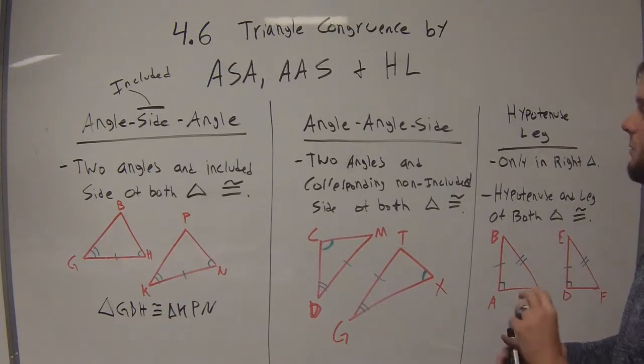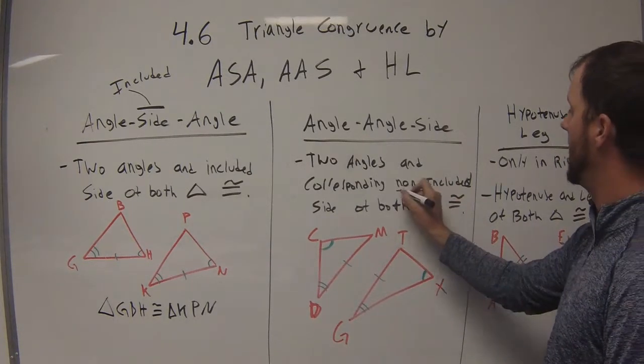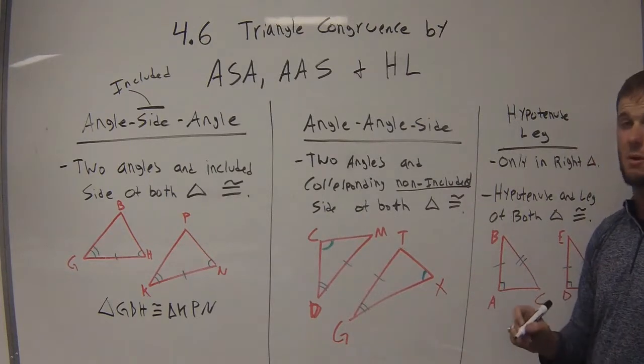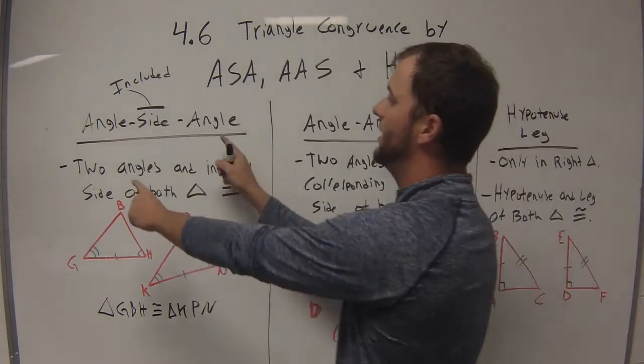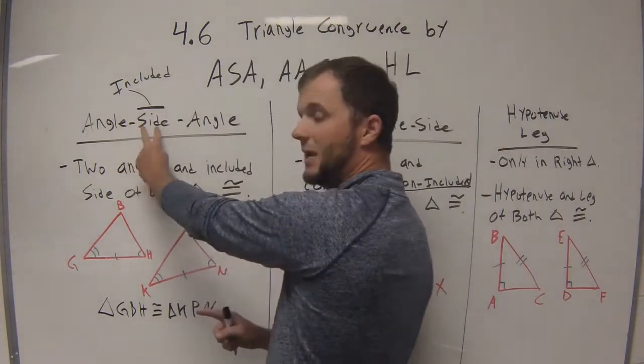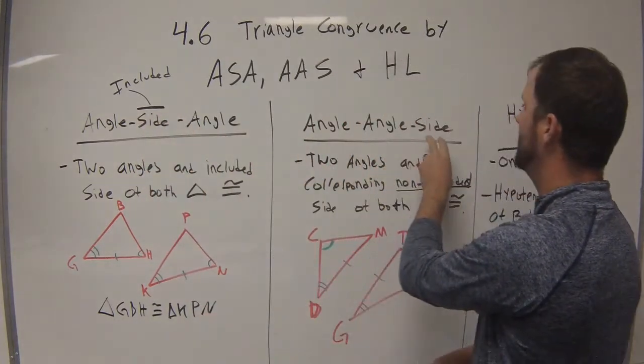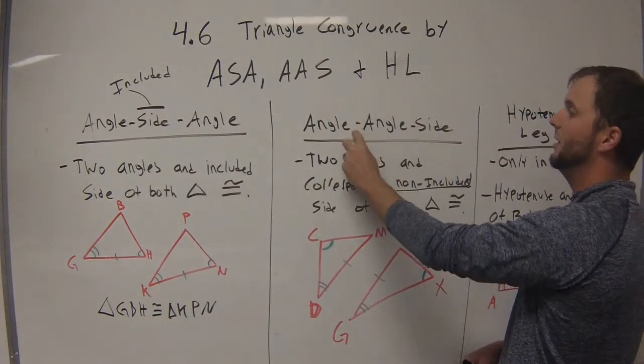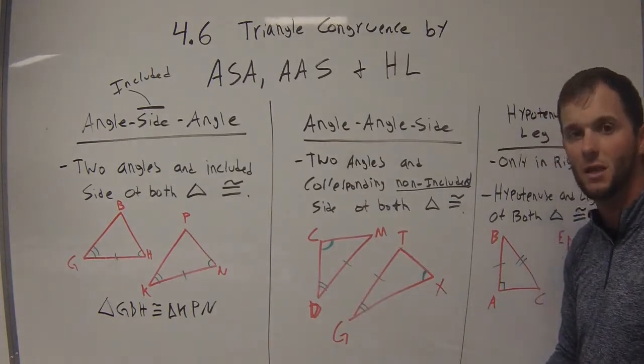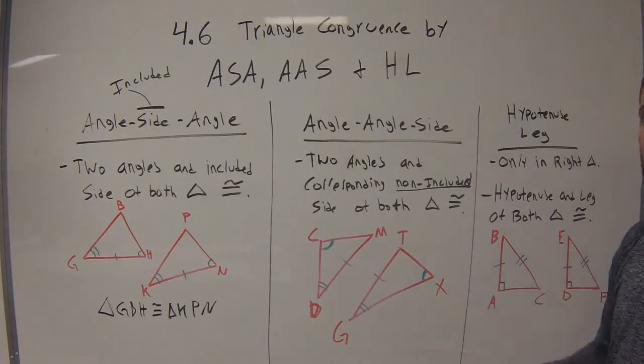With this being said, I want you to pay attention to non-included. Remember, included means it's in between. So like my angle, side, angle, the side is included. That means this side is not included, it is not in between those two. Okay? So let's look at this example.